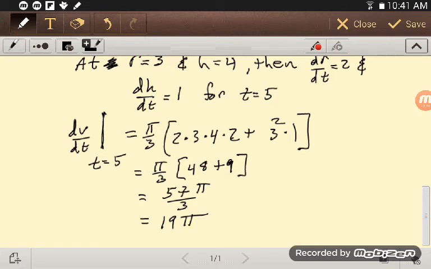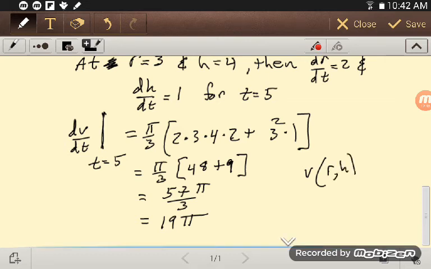We have related rates in this section partly because, like in this case, we had volume was a function of t, but to actually get it, we had volume was a function of r and h.